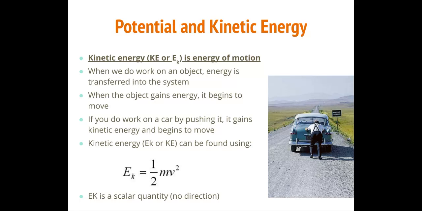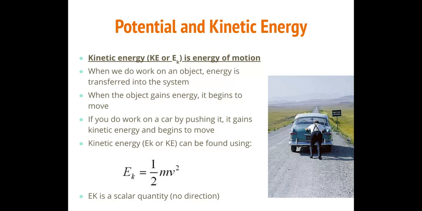Okay, so when we do work on an object, energy is transferred into the system. So when the object gains energy, it begins to move, obviously. Or at least that's the idea, right? Because in order for you to show that energy was used and that work was done, you have to show that it has moved in some direction in line with the amount and the direction of the energy that's inputted.